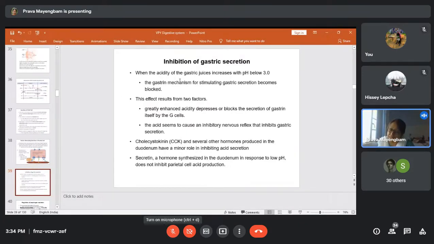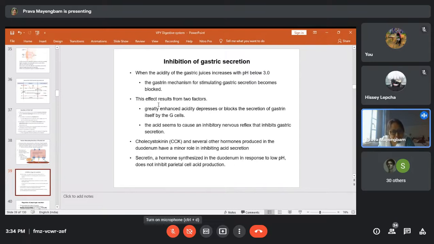So gastrin stimulating HCl secretion is not required at that moment. So at that time, the gastrin mechanism for stimulating gastric secretion becomes blocked.